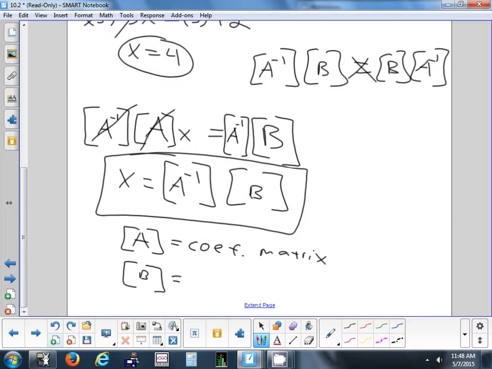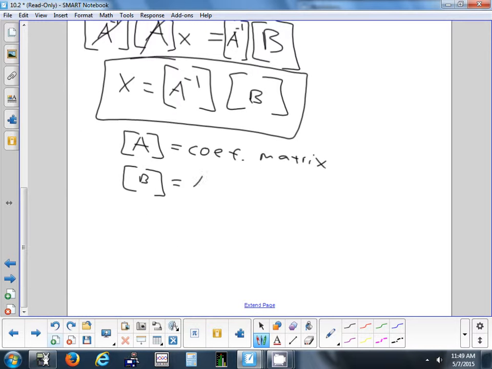So you need the inverse of your coefficient matrix times the matrix that represents the constants on the other side. This is the augmented part of the matrix. It represents the constants.